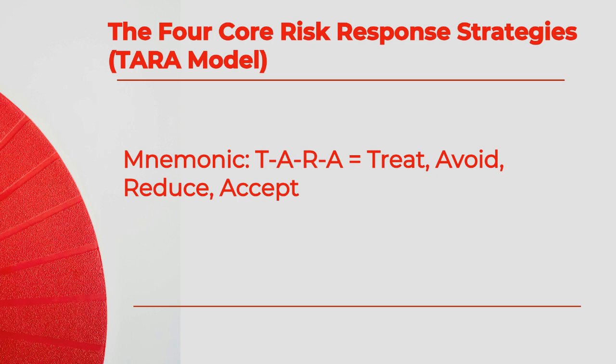Transfer, share: pass on the risk to another party through contracts or insurance. Example, purchasing product liability insurance. 4. Accept: recognize and prepare for the risk if it's small or unavoidable. Example, a tech startup accepts minor software bugs at early launch. Mnemonic, T-A-R-A: treat, avoid, reduce, accept.